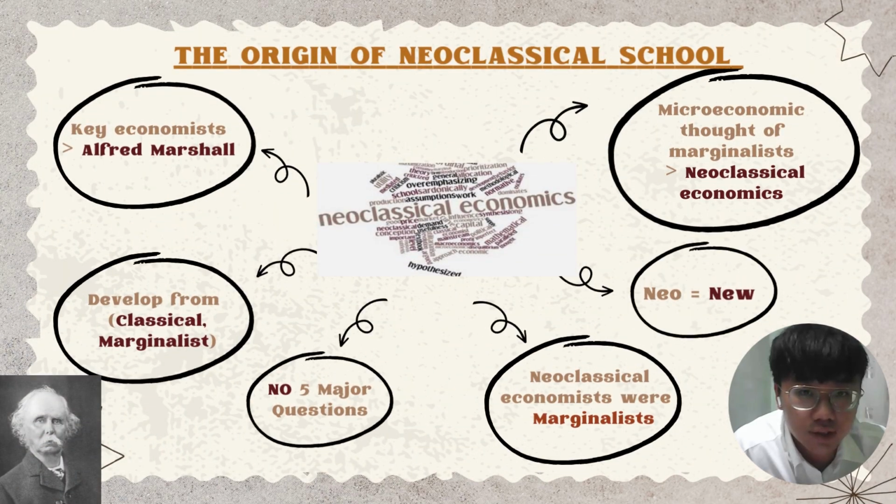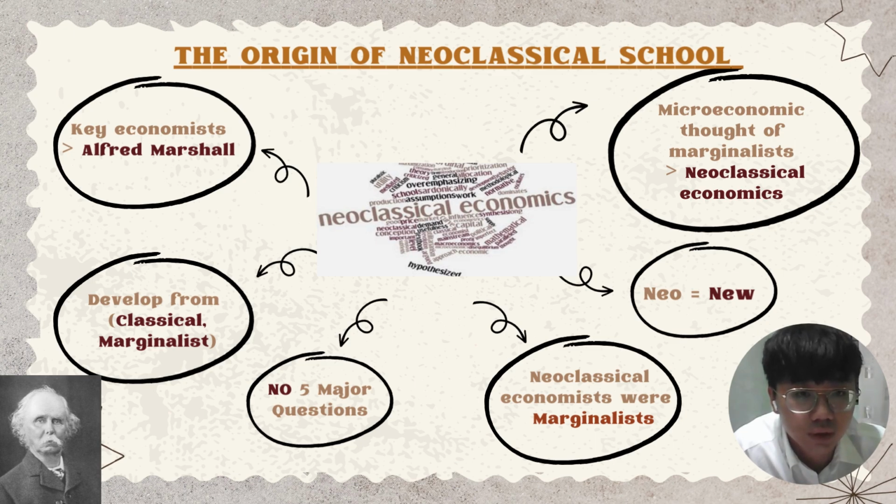Okay, so let's discuss the origin of neoclassical school. Actually, the origin is that the microeconomics thoughts of marginalists were transformed into neoclassical economics. The word neo means new, so neoclassical school can also be defined as a new form of classicism.